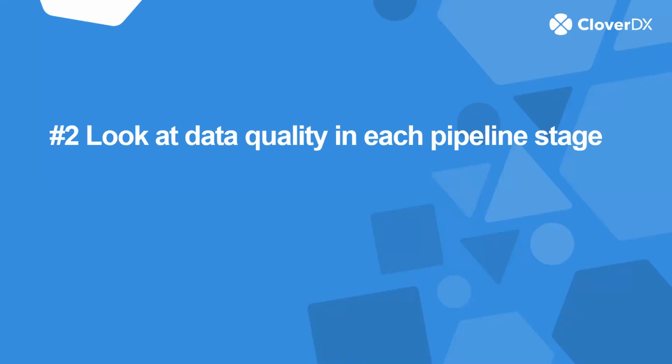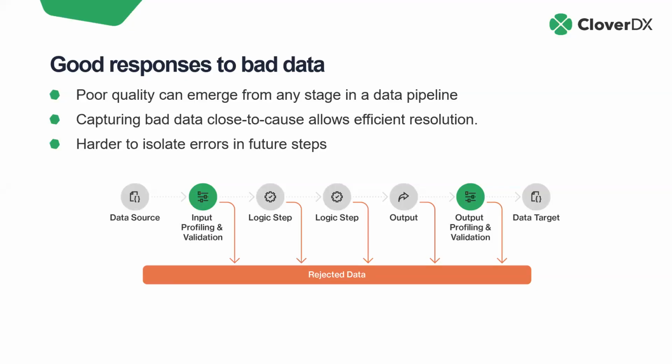Just moving on then to the second good response to bad data, which is looking at data quality in each pipeline step. We know, or we should anticipate anyway, that poor data quality can emerge from any stage in the data pipeline.